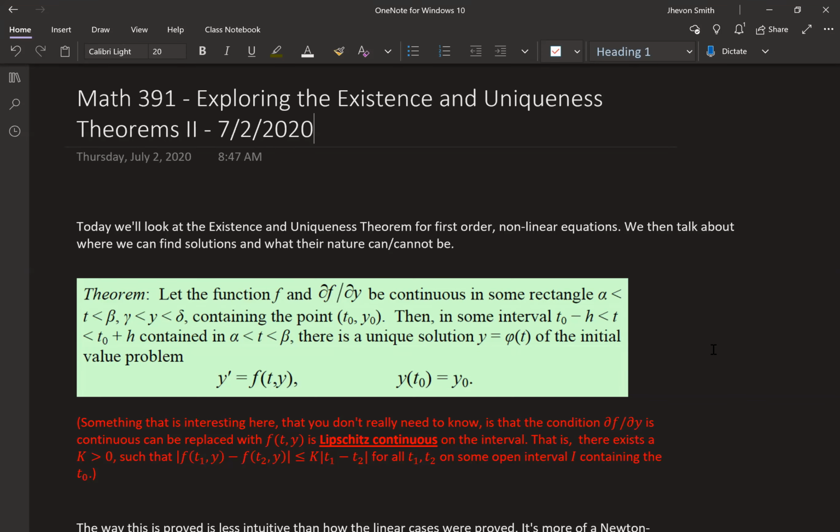It turns out that there is an existence and uniqueness theorem for first order nonlinear ODEs as well. Basically that theorem says, given some ODE of this form, y prime equals f of t comma y, and that f of t comma y can look very scary, given that and an initial condition, provided that the function on this side is continuous and its partial derivative with respect to y is continuous on some rectangle, then on that rectangle, we can find a unique solution that will solve the ODE and will fit the initial conditions.